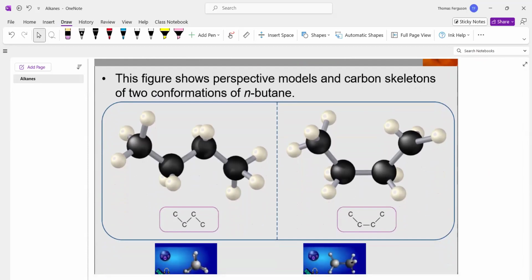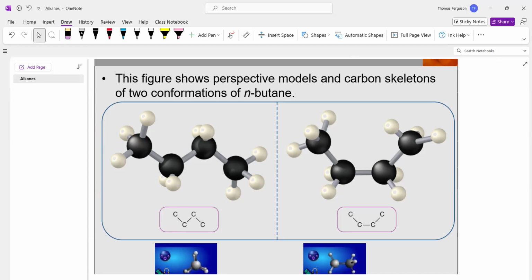Which do you think is more stable, right or left? The right side? Why? Because, for lack of a better term, it's fanned out more. It has more room to split.